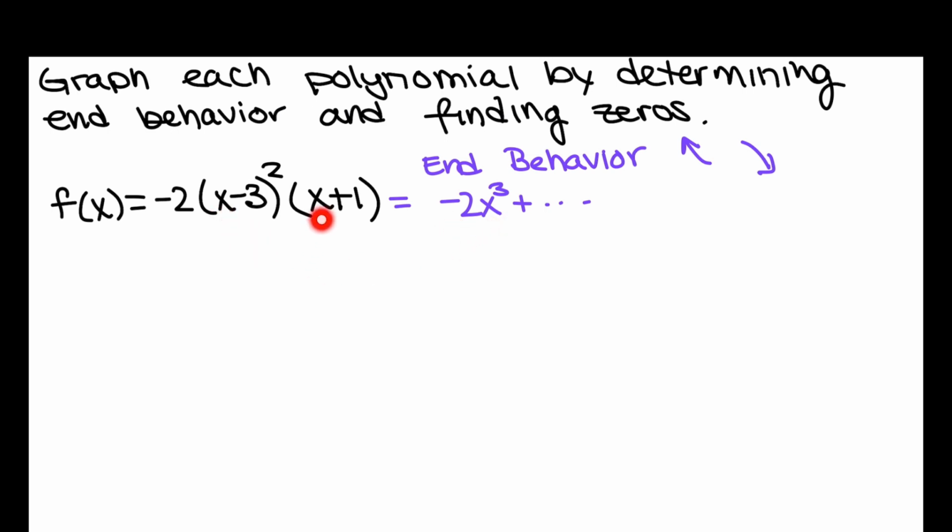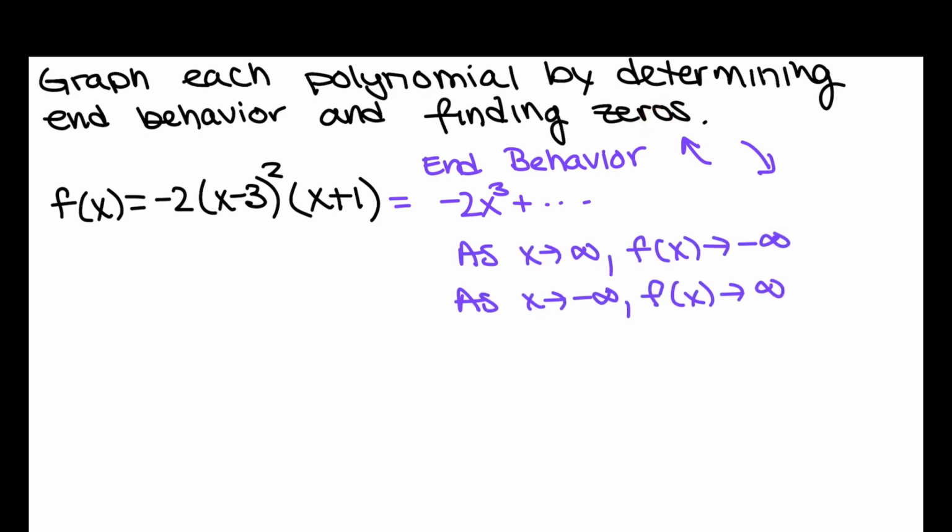That's the x squared times x, gives me x to the third. So we've got an odd exponent and a negative coefficient. That means the right side goes down and the left side goes up. Or, as x goes to positive infinity, y goes to negative infinity. As x goes to negative infinity, y goes to positive infinity.